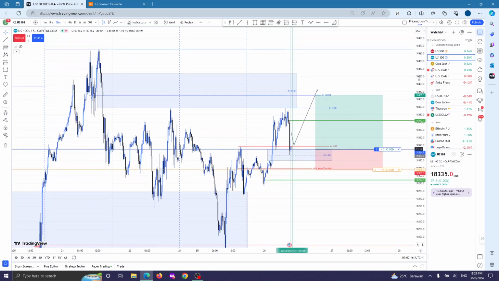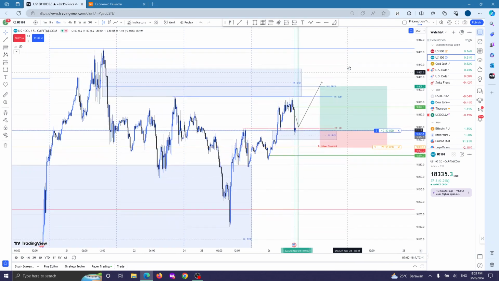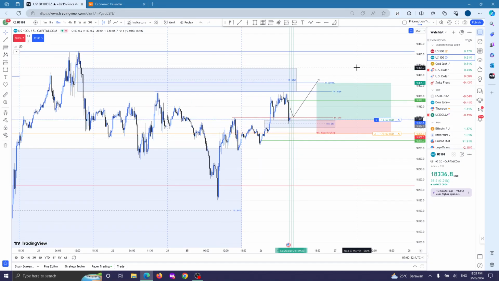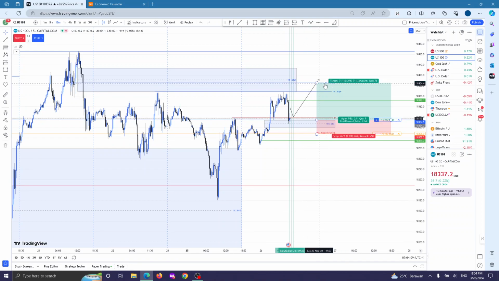We don't have any SMT, so I'm just gonna close the other charts. There we go. This is 2.5 hour. If we were to push lower, then I expect for price to take this equal high into the CB into this 1 hour breaker.